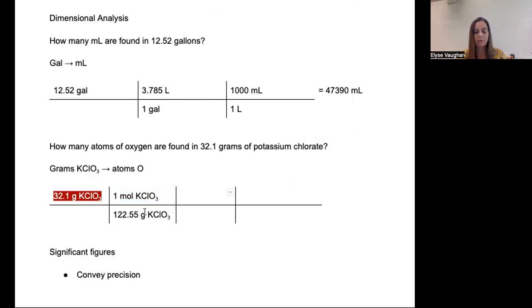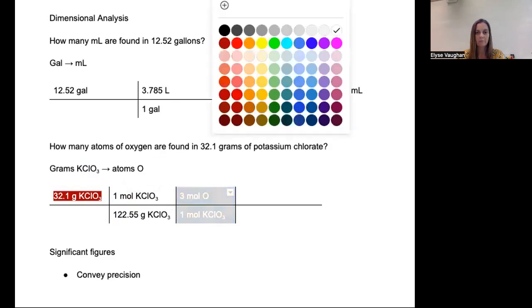And now we have moles of potassium chlorate, but we want atoms of oxygen. So I can't go from moles of potassium chlorate to atoms of oxygen. I'm going to go from moles of potassium chlorate to moles of oxygen. And I can see from this formula that for every 1 mole of potassium chlorate, I have 3 moles of oxygen. So that's my next conversion factor.